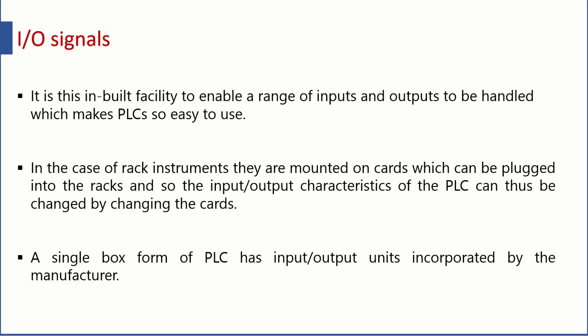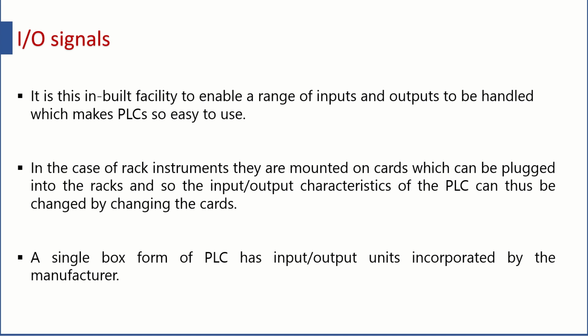So that is the basic advantage of a rack unit actually. If you wish to apply the same PLC for a different range of operation than the earlier one, and if your PLC is a compact PLC which does not allow that particular range which you want as an input, it is not going to accept it unless you make some signal conditioning circuit outside and then send the signal inside.